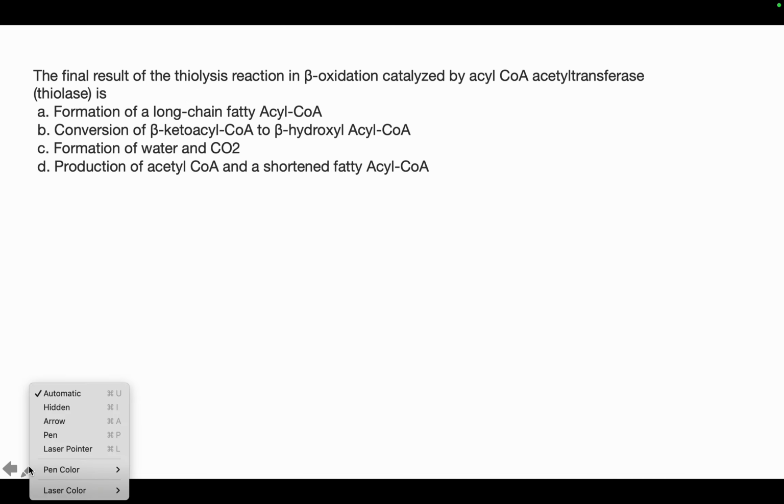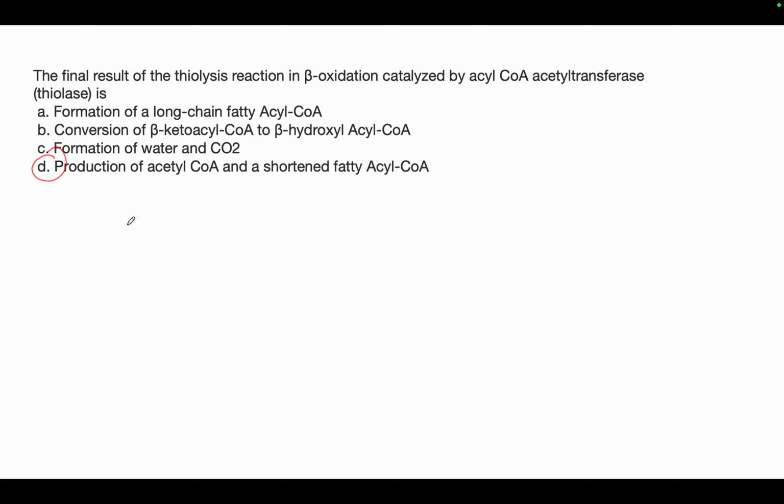The final result of the thiolysis reaction in beta oxidation, catalyzed by acyl CoA acyltransferase thiolase, is the production of acetyl CoA and a shortened fatty acid.